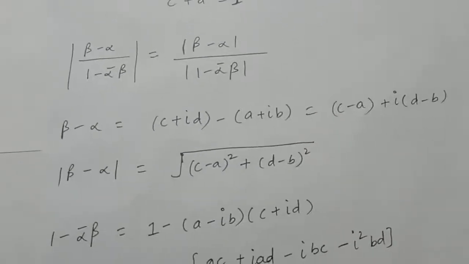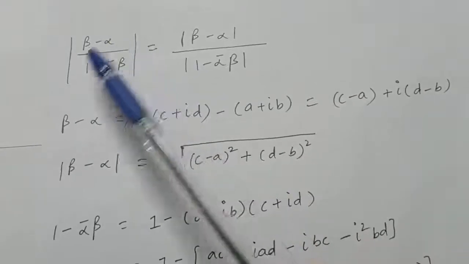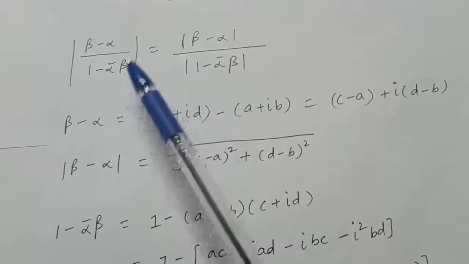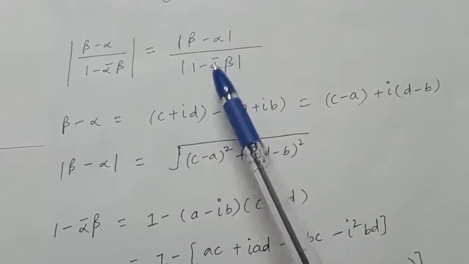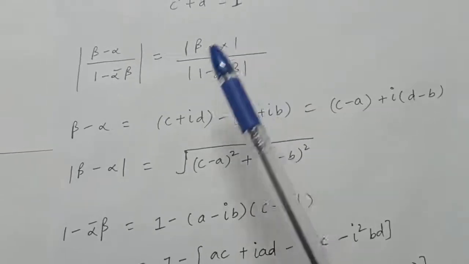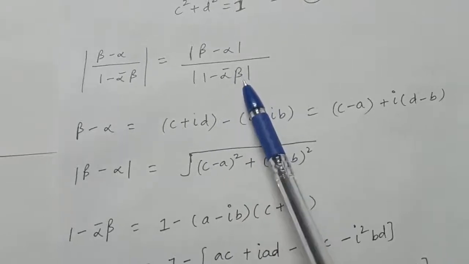Now we have to find the value of the complete modulus of (beta minus alpha) upon (1 minus alpha conjugate beta), right? We know the modulus of z1 upon z2 is equal to modulus of z1 upon modulus of z2. Now we will find the modulus of beta minus alpha and the modulus of 1 minus alpha conjugate into beta.